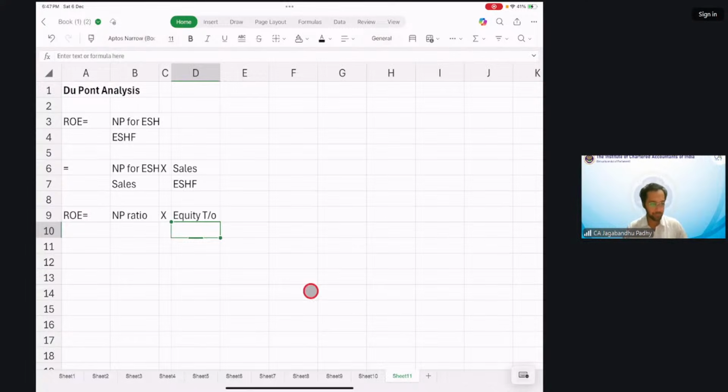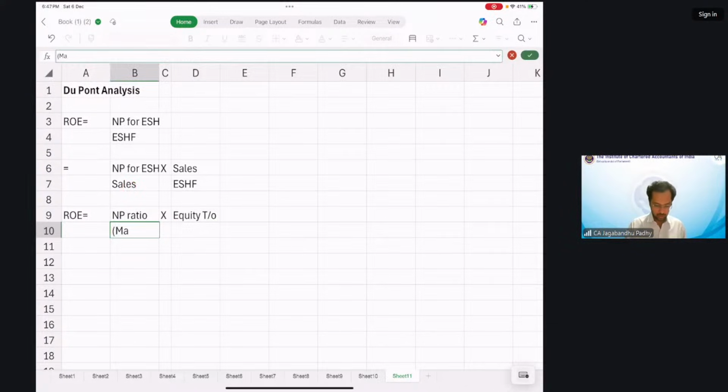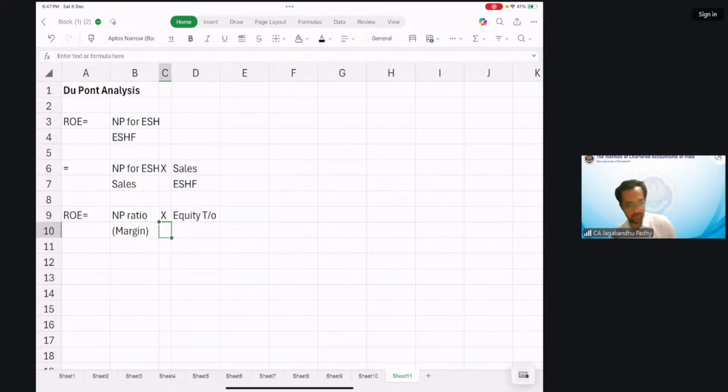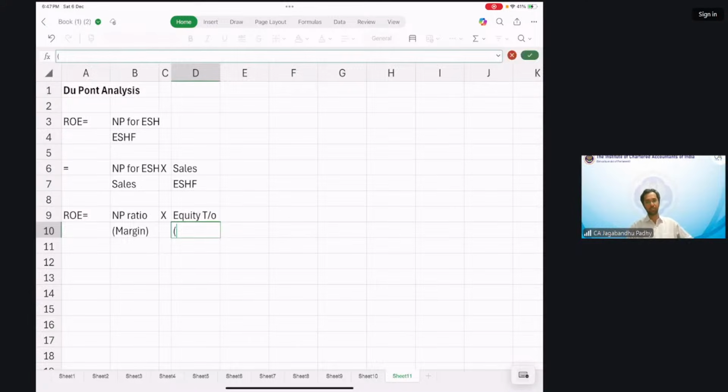This particular portion is going to tell us how much is your margin, and the second part is going to tell you, with regards to equity turnover, how much is the activity that you are undertaking.